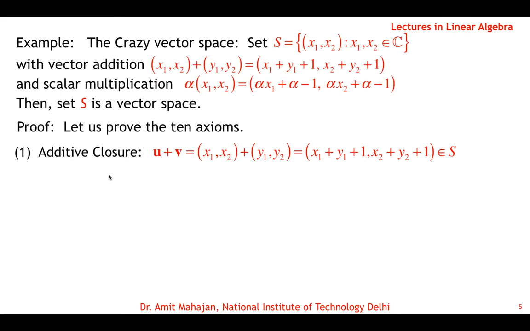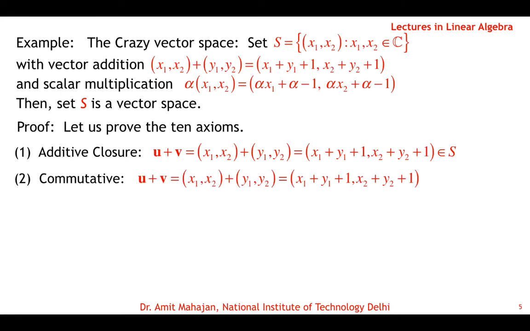The second property is commutativeness. The left hand side is u plus v. Again, u is the x1 x2 tuple and v is y1 y2. The addition says the first element added to the first element plus 1, and the second element added to the second element plus 1. Since they are complex numbers, we can rearrange them inside to rewrite x1 plus y1 plus 1 as y1 plus x1 plus 1, and x2 plus y2 plus 1 as y2 plus x2 plus 1.